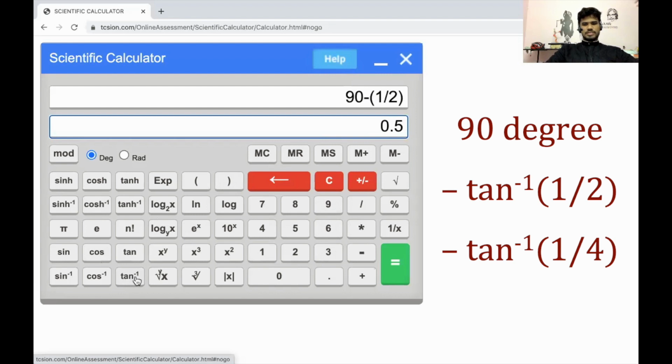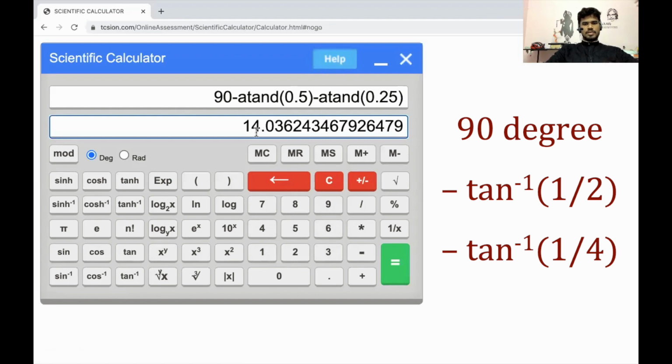Let's do tan inverse there. Okay, and then again we want to do minus. We have 1 by 4 to calculate, and we don't want to interfere with this thing. So open a bracket. We want to calculate a function of 1 by 4. So close the bracket. We got 0.25. Do tan inverse.